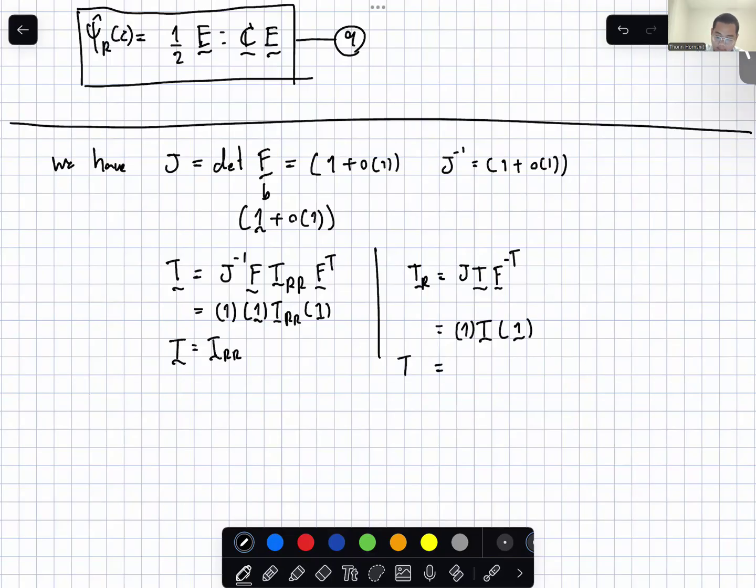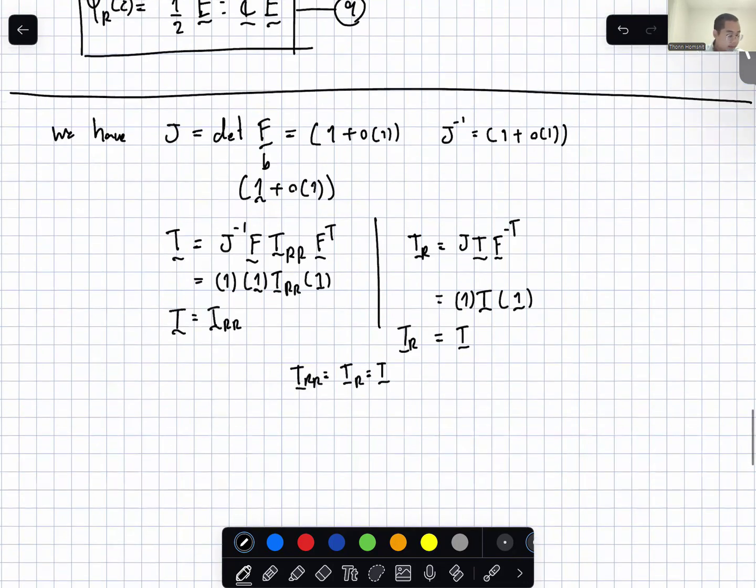So we have T_R equal to T. Basically, T_RR is equal to T_R is equal to T. Just note that this is valid for small deformation because of our assumption.